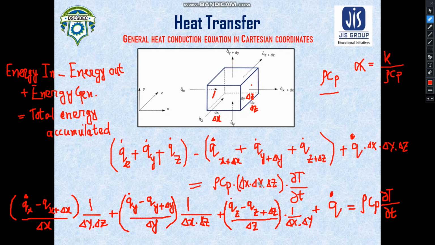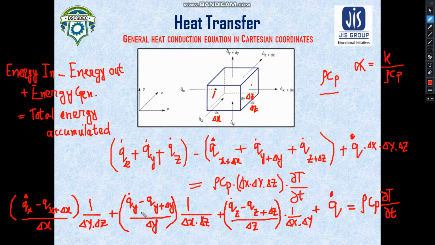the control volume. Now what I have done here is I have just divided this equation by this quantity, delta x into delta y into delta z. I have arranged this q dot x and q dot x plus delta x in the same bracket, and here you can find we have divided by delta x, delta y and delta z. I have just kept these x quantities in a single bracket here.